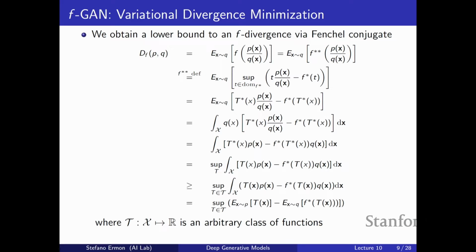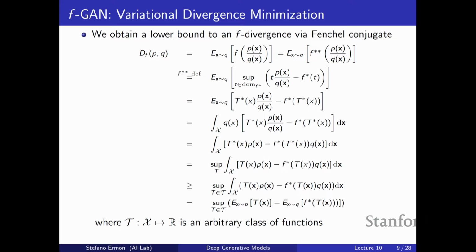But you definitely get a lower bound for any choice of this family of mappings that you use to map data points to something that looks like an estimate of the density ratio. And the more flexible this family script T of neural networks is, the tighter this inequality is, so the better the approximation you get to the true value of the f-divergence that you started with.